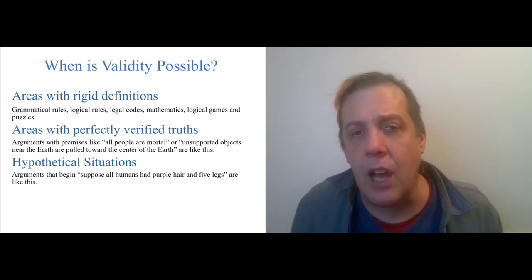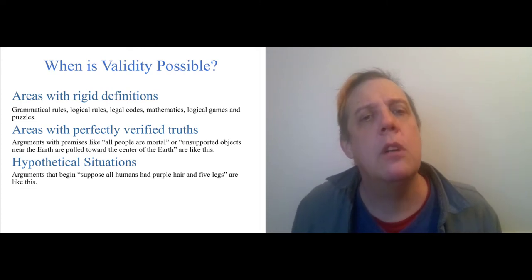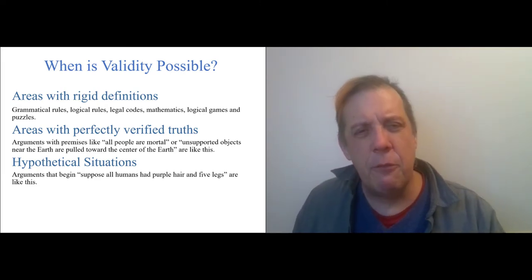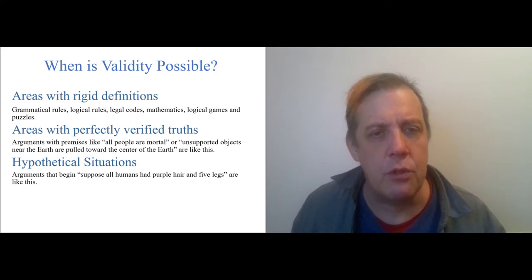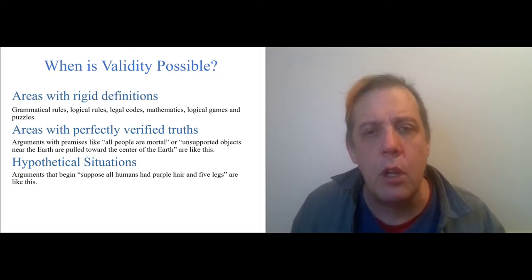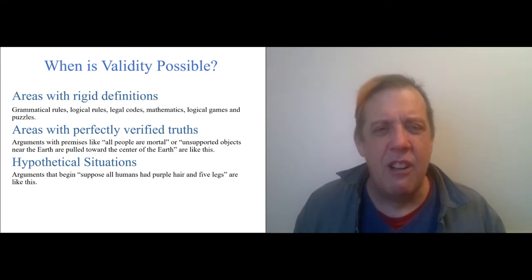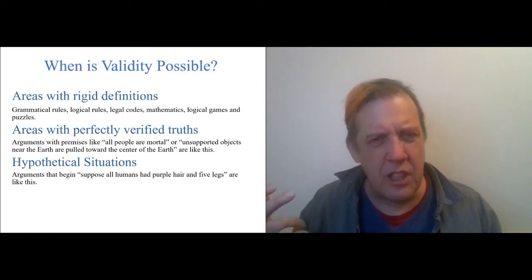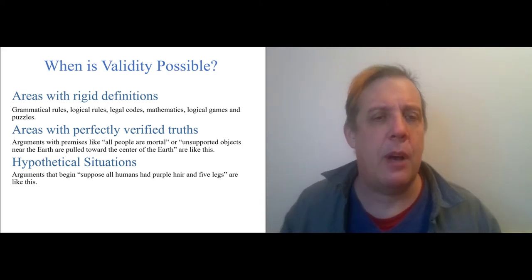Pure math, not math tied to the messy physical world, but the idea of pure number, is a realm where validity is possible. Also, if we've got truths that we accept so naturally that they seem like mathematical truths, then we can go ahead and say that. So arguments with premises like all people are mortal, or unsupported objects near the earth are pulled toward the center of the earth, are universal enough that we can say a valid argument is possible.